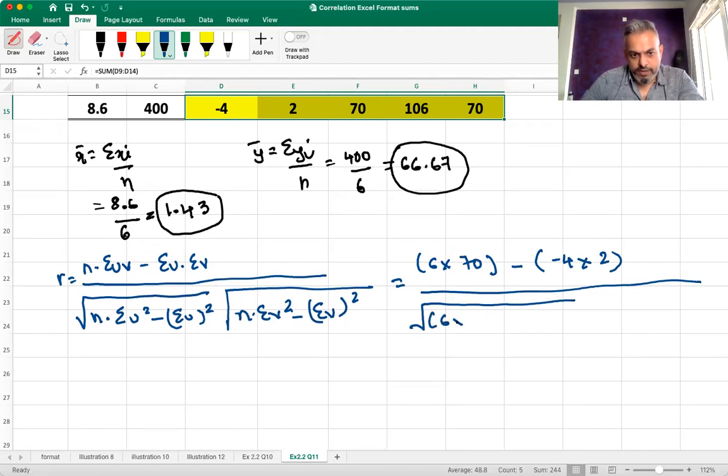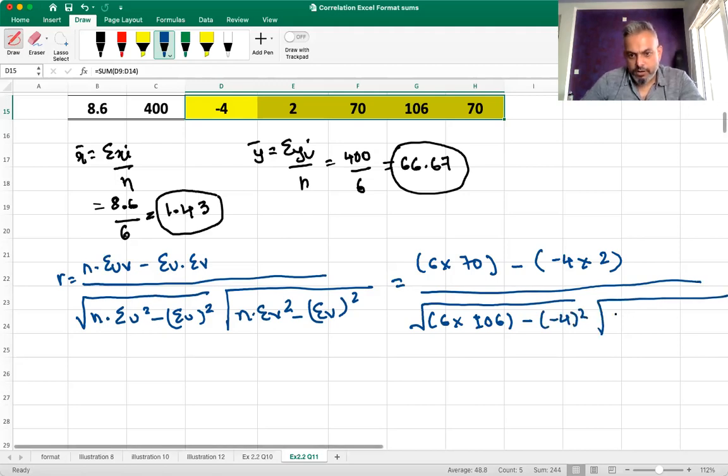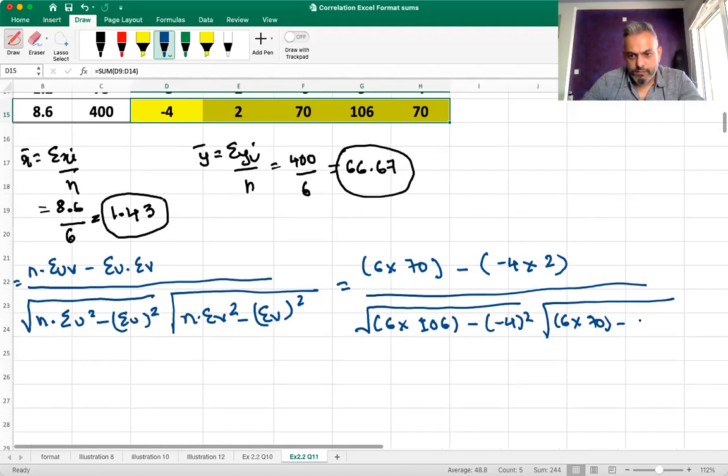Okay, which is equal to 6 into sigma uv, which is 70, minus sigma u into sigma v, upon under root 6 into sigma u square, which is 106, minus sigma u, minus 4, the whole square, upon under root 6 into 70 minus 2 the whole square.